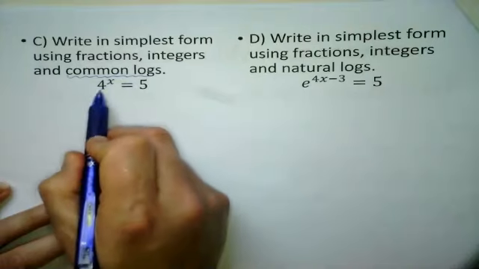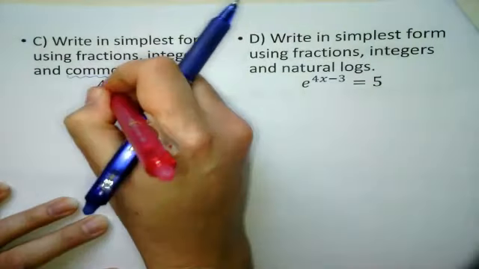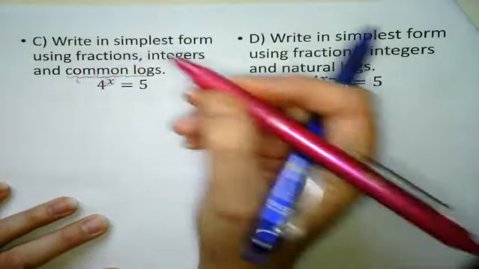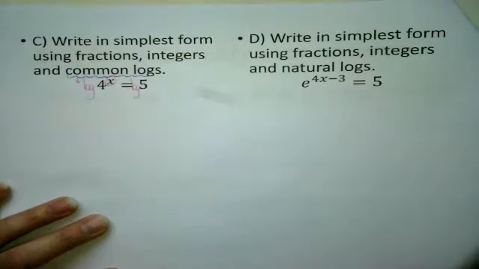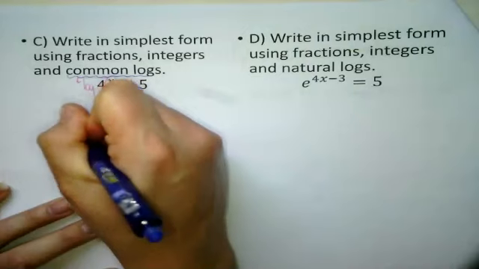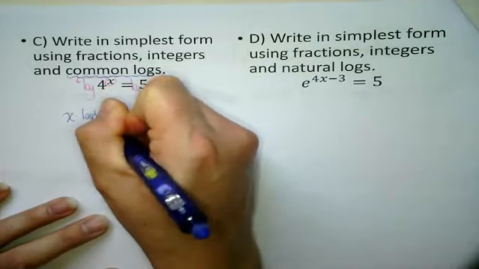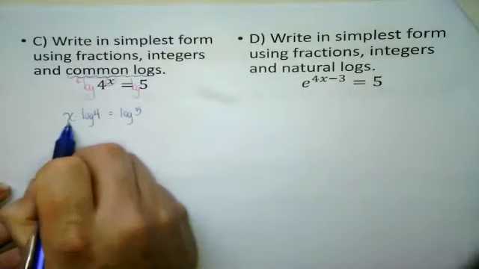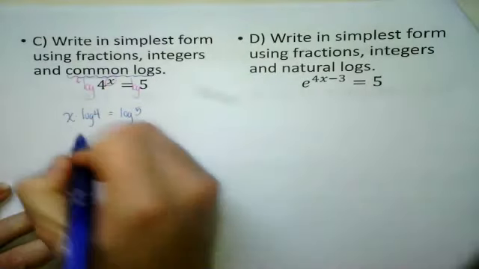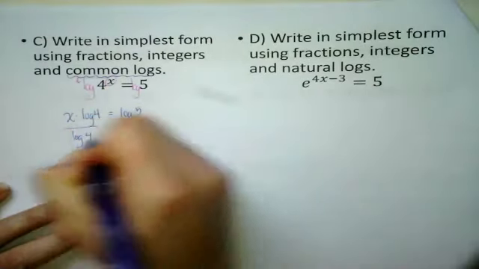So again, this is an exponential equation, and I need to do something to drop my power down. And to do that, I can take a log of both sides. That's going to give me x times the log of 4 equals the log of 5. And if I want to get x by itself, I simply need to divide by the log of 4.